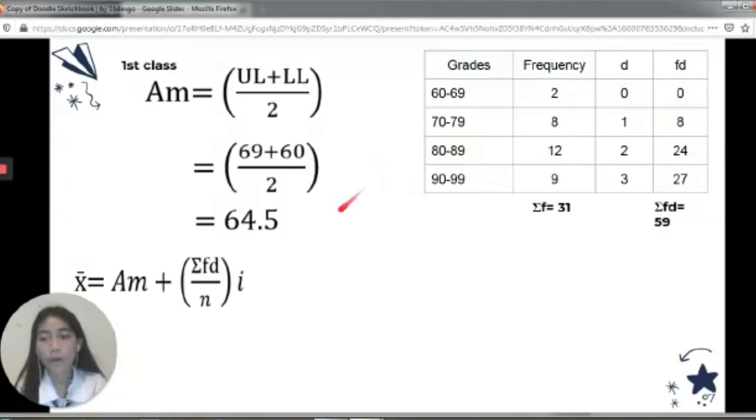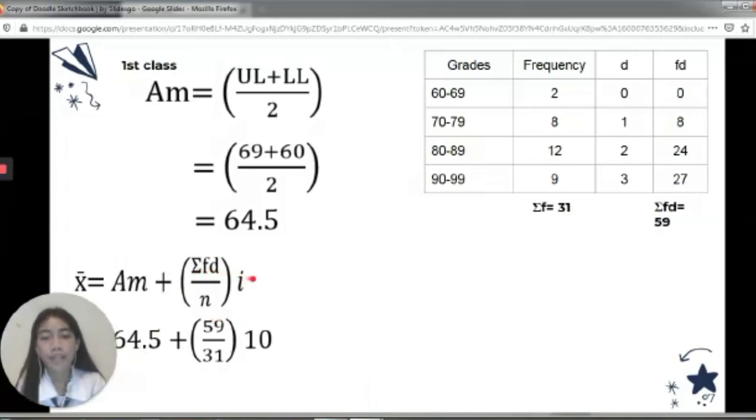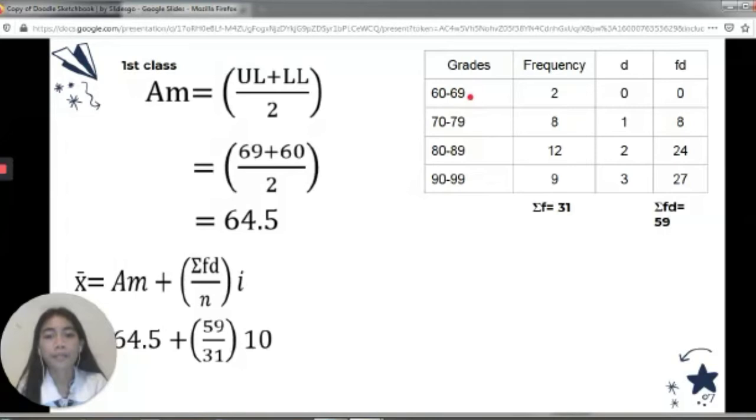Di ba po, yung formula natin, ito. Ilalagay na natin yung data. Yung assumed mean natin is 64.5. Yung the summation of F times D, ito po, yung 59 over N. Yung N po, ito po yung frequency natin, kaya 31. Yung interval naman po, halimbawa 60 hanggang 69, yung interval po niya is 10.